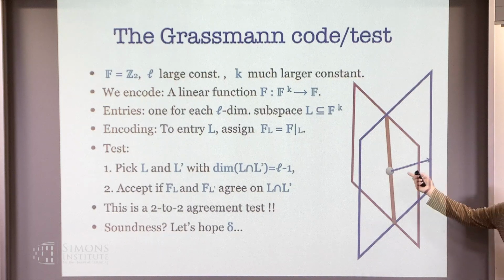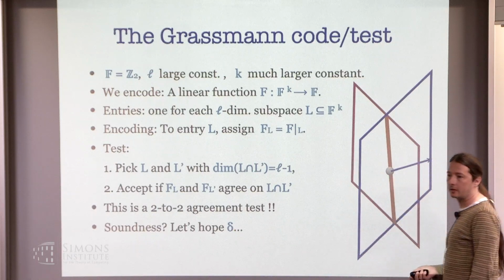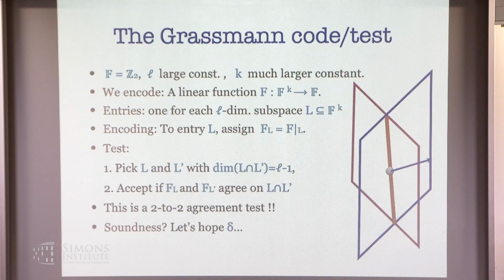Right. So now the question is, it obviously has perfect completeness. It's only the soundness that remains. So if we can get delta soundness for any positive constant delta, then we are done.